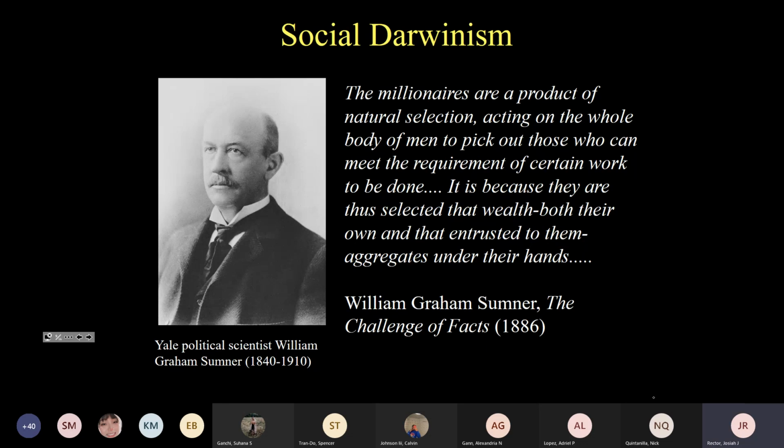Spencer and his followers like Sumner advocated a philosophy sometimes called social Darwinism, although they didn't generally use the term themselves. This was inspired by Charles Darwin's famous theory of natural selection in his book On the Origin of Species, published in 1859, although it should be noted that Darwin himself did not advocate social Darwinism.